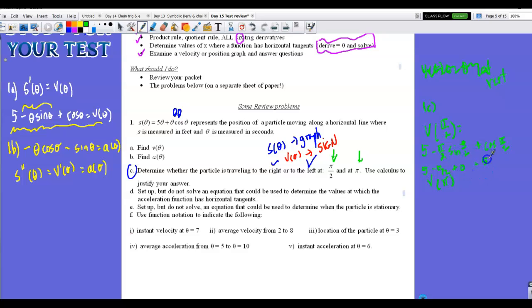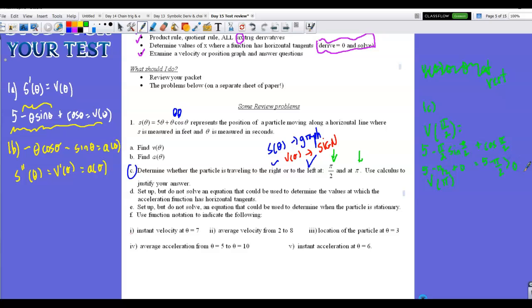So this is 5 minus pi over 2, and if you're not sure what pi over 2 is, remember pi is 3.14 divided by 2 is going to be smaller than 5, so that's going to generate a positive number, and that's all I need to know.